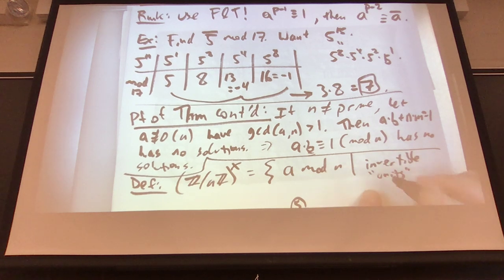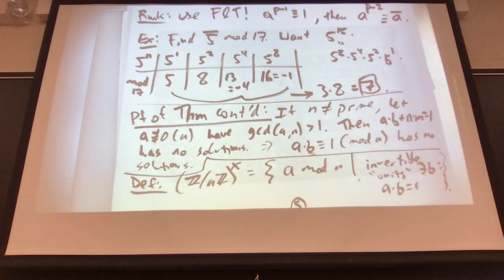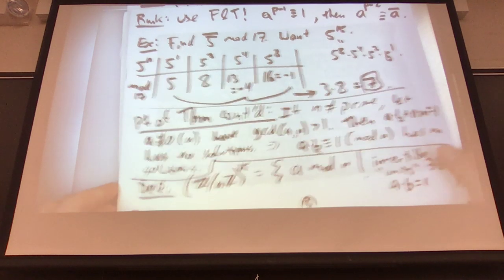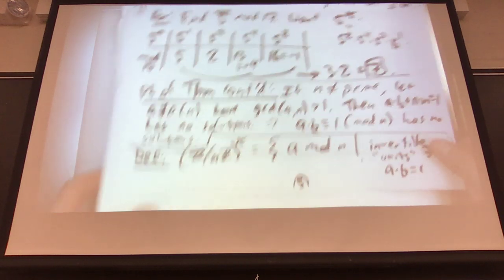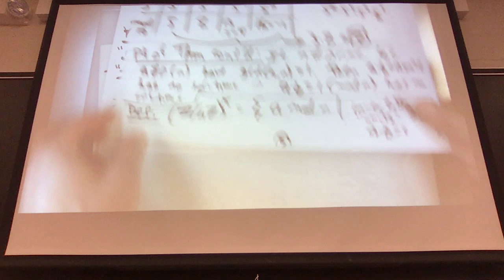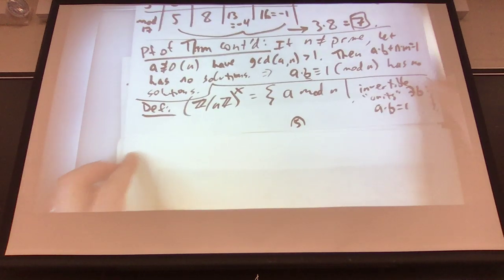Units. So these are numbers a such that there exists a b such that a times b is equal to 1. Okay? Let's do a little exercise. This is exercise 3.